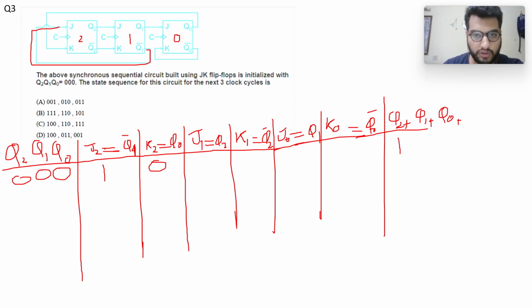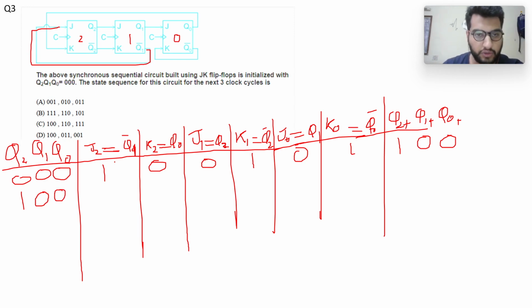Then J1 is equal to Q2, which was 0, so it will be 0, and K1 is Q2 complement, so it will be 1. So 0, 1 means 0, so I'll write 0 here. Then J0 is equal to Q1, so it's 0, and K0 is equal to Q0 complement, so it will be 1, so again 0. So this is my next state.